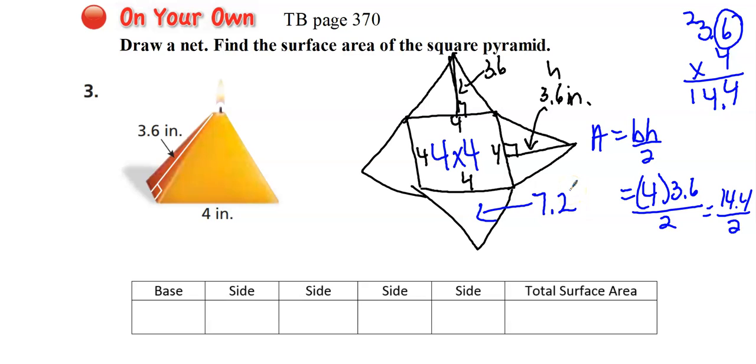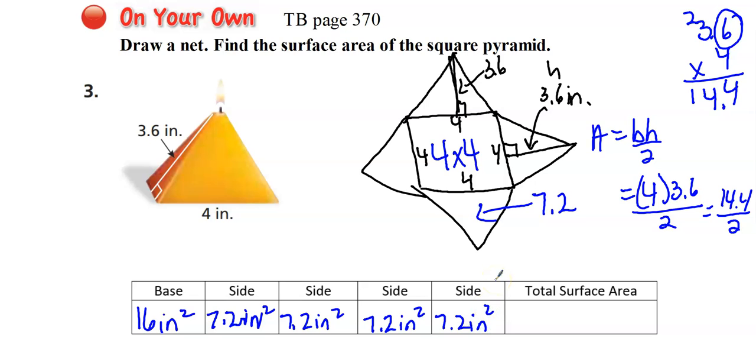And so let's go ahead and fill out the graphic organizer. The square in the middle is 4 times 4, which is 16 inches squared. The sides are all 7.2 inches squared, 7.2 inches squared, 7.2 inches squared, and the fourth one is the same.